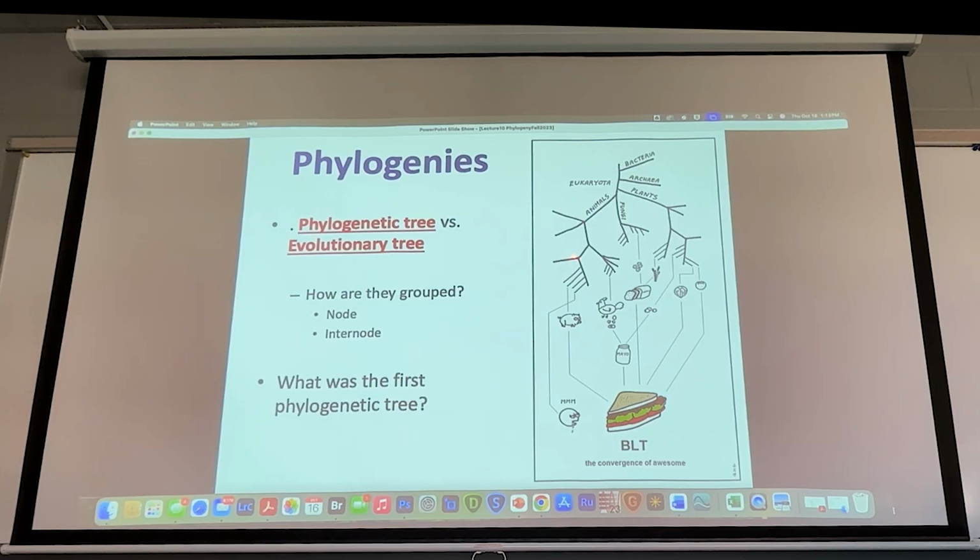So you've got node, internode, node, internode, node, internode, so you can follow them back. These branch points, where one line diverges into two, are the common ancestor. Then we're going to group some characteristics on the internodes that we're going to call apomorphies, characteristics we use to separate groups. That's what we're going to learn in the next class.